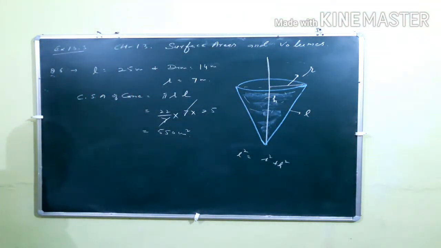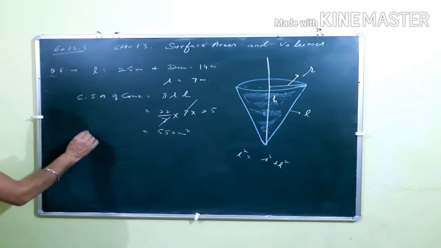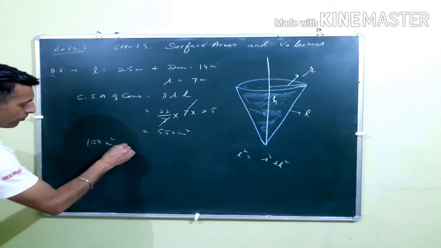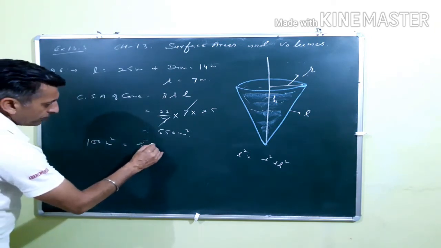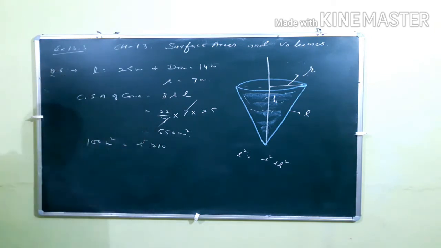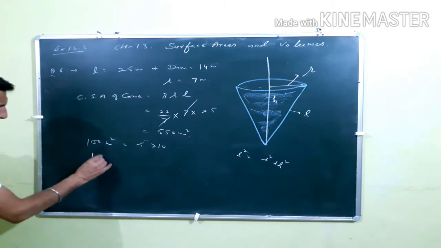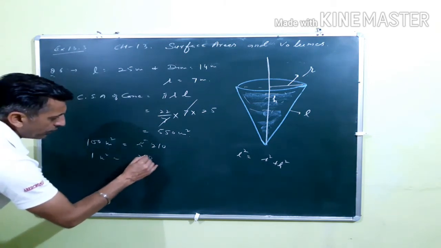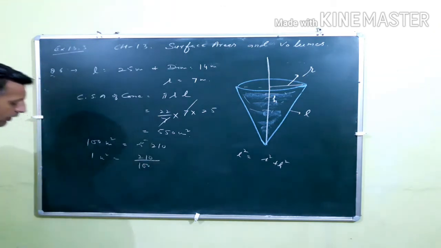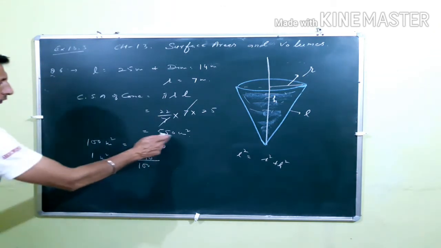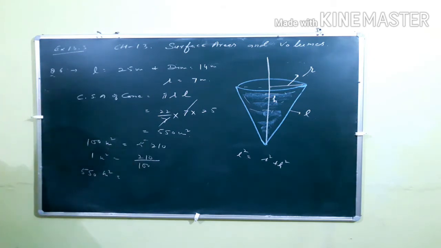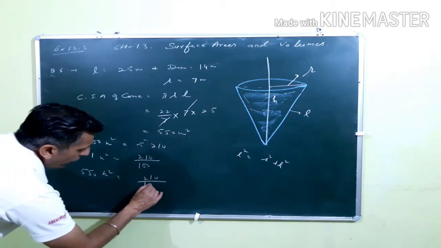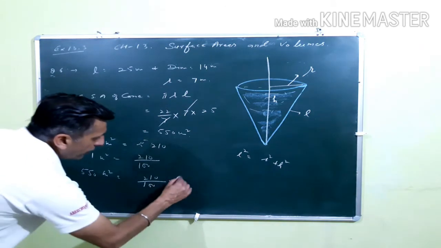After this, he said that we will charge rupees 210 for an area of 100 meter square. So he will charge for 1 meter square rupees 210 upon 100, and if your area is equal to 550, if you want to whitewash this curved surface area, then the total cost is equal to 210 upon 100 into 550.